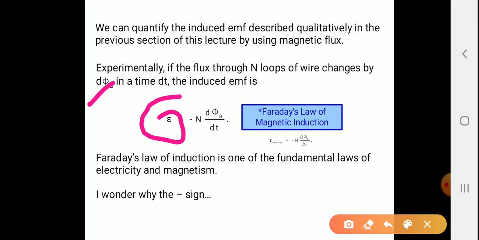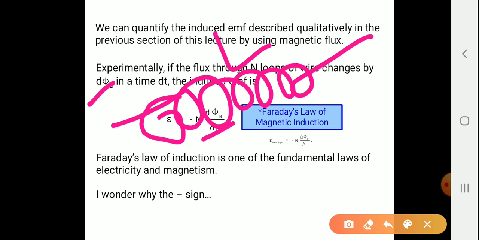You may wonder why this sign is negative. According to Faraday, whenever the flux linkage with the coil changes, a voltage is induced and current I flows.